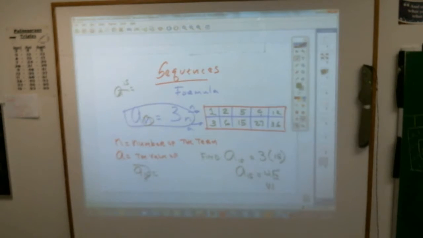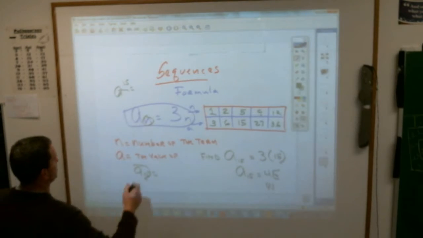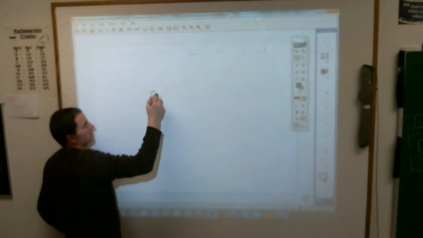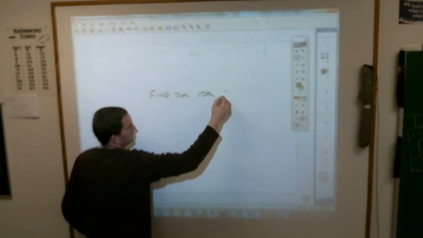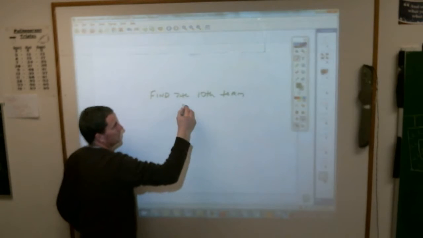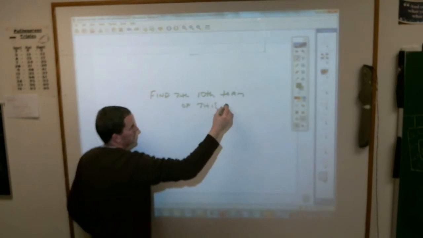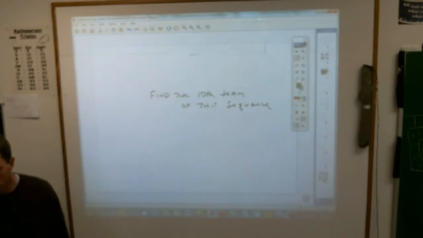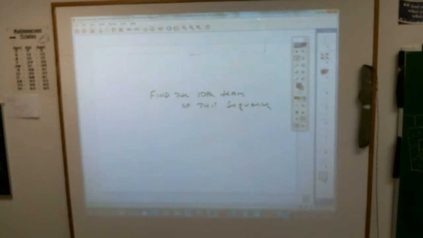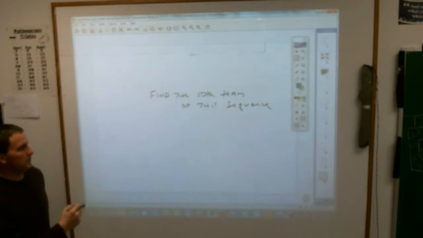Here's one. Find the 10th term of this sequence. The sequence is A sub n equals 5n minus 2.